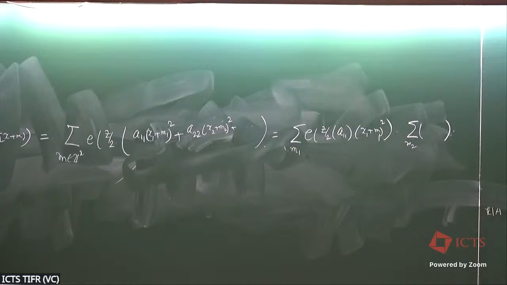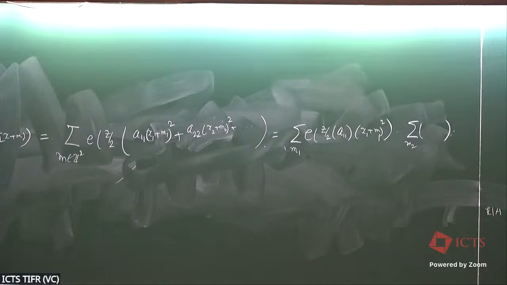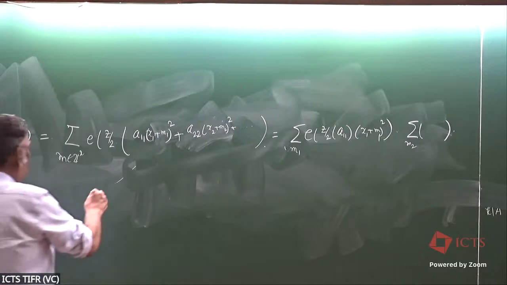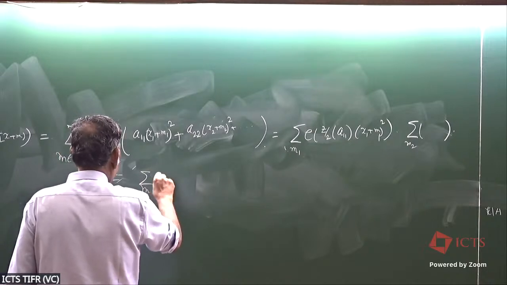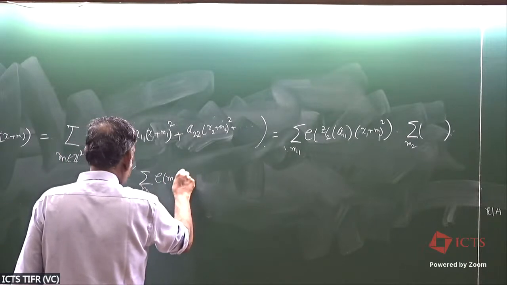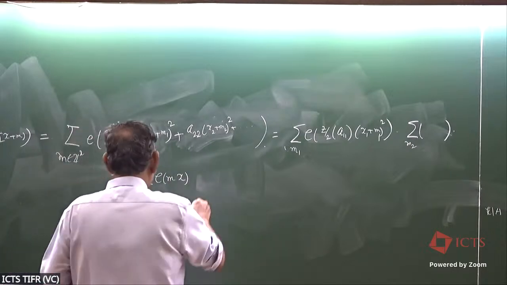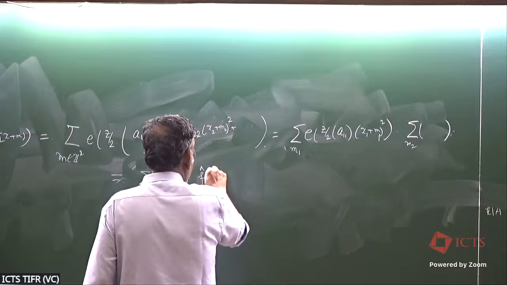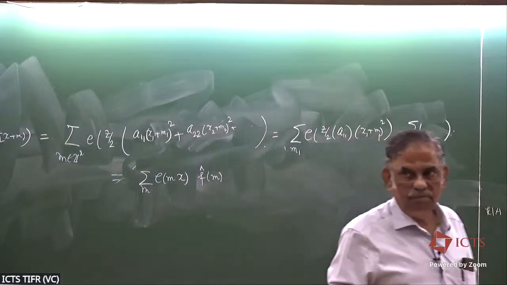And now I am going to use this Poisson summation. The first sum will give you the summation over m again, E of mx. That is the only extra thing that would come. Then this f hat m is what I have to compute.